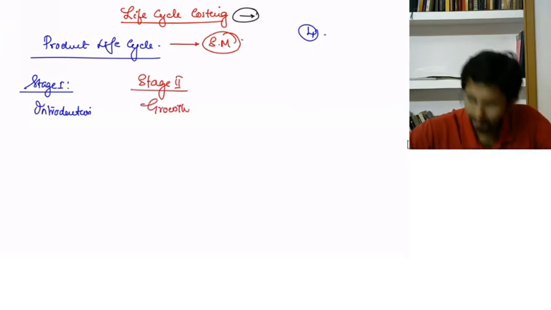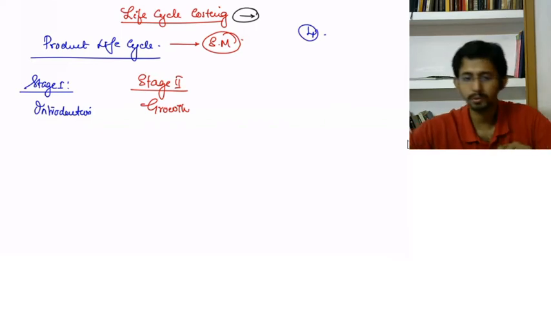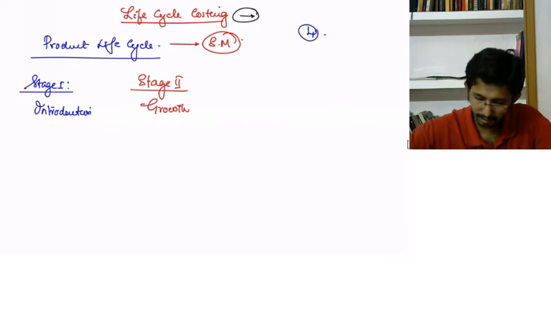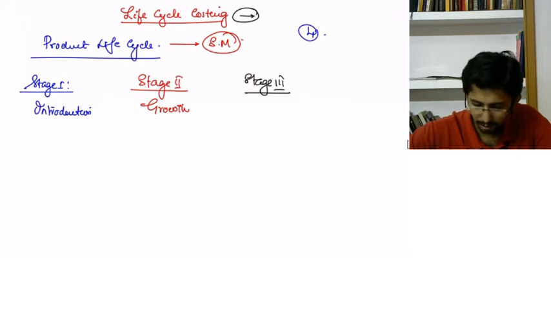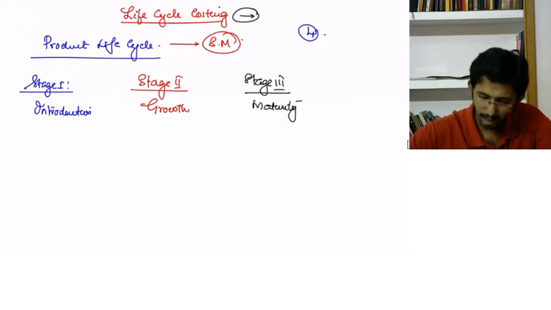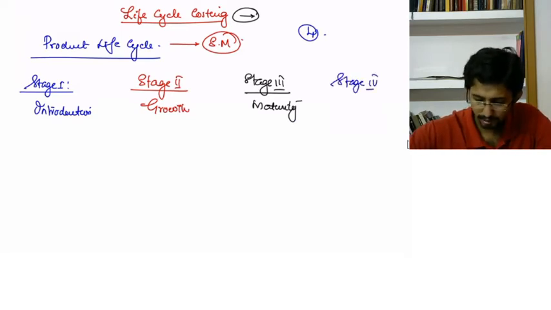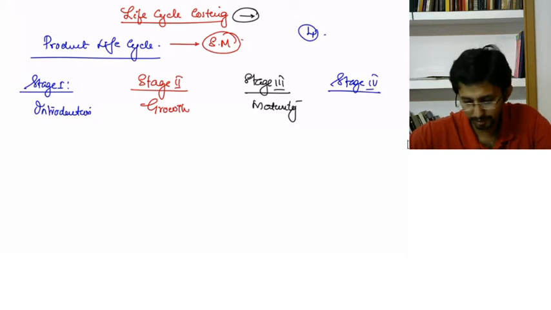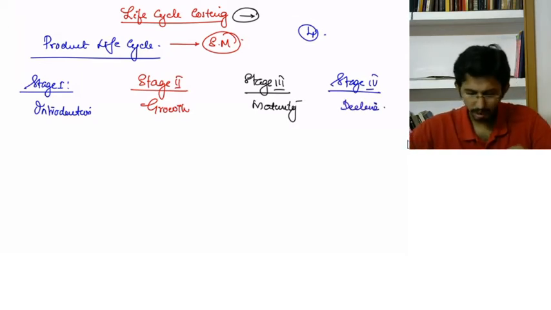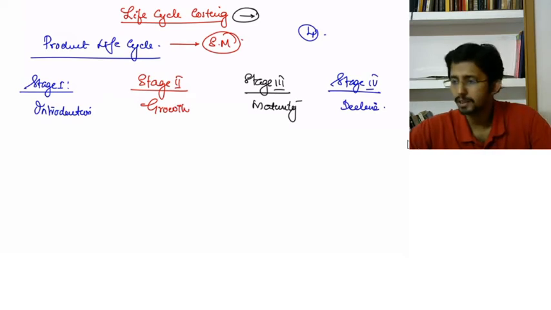After introduction, you are entering the next phase, the growth phase. Then stage 3 is nothing but the maturity phase. And stage 4 is nothing but the decline phase. So stage 1 introduction, stage 2 growth, stage 3 maturity, and stage 4 decline phase.